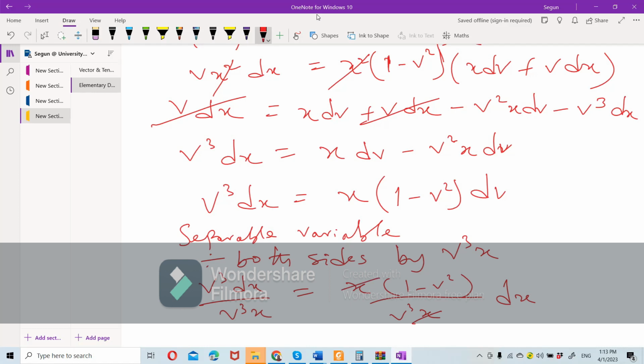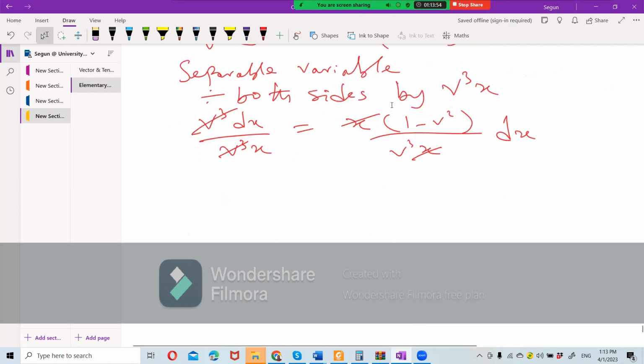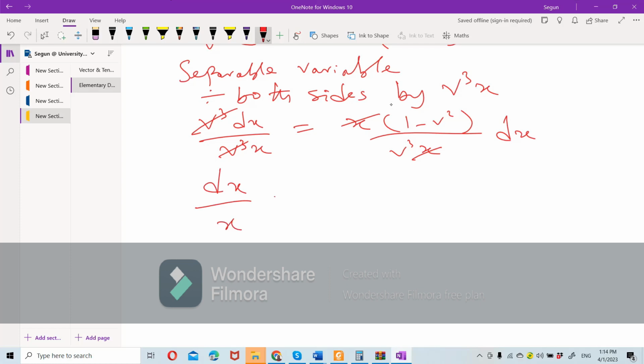So this goes with this, v cubed goes with v cubed. So now that each of them has gone, we can say dx over x equals 1 minus v squared over v cubed dv. So when you integrate this one, what do you have?